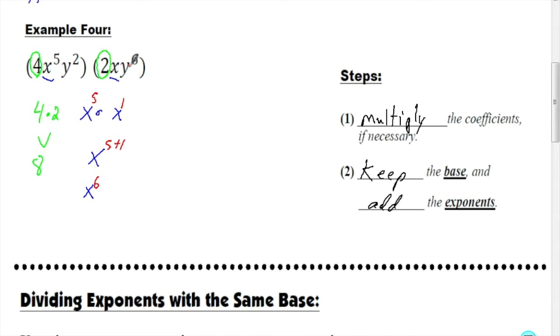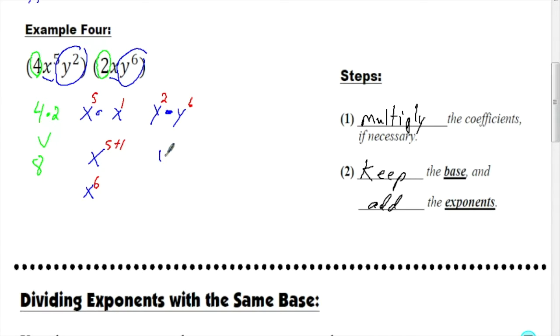Sorry about that. Then we look at the next one, the y. I'm going to put a circle around the y's just to break it up some. So we have y to the second times y to the 6th. We just go through the process.